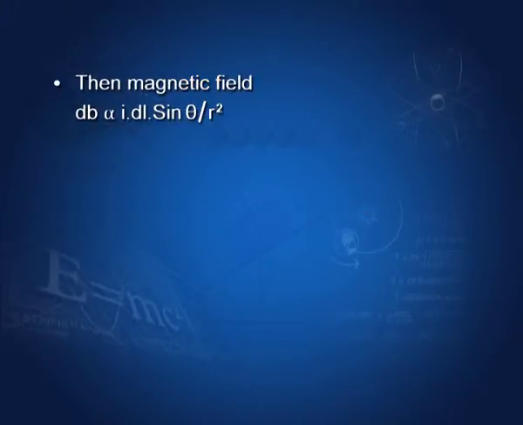Then the magnetic field dB is directly proportional to the current flowing through the conductor. It is directly proportional to the current element, say length dl. It is directly proportional to sine theta and inversely proportional to the distance square. Combining all these parameters, we get dB is directly proportional to I dl sine theta divided by r square.